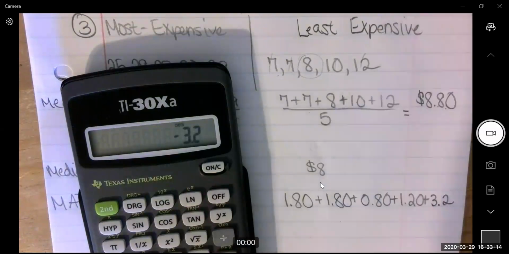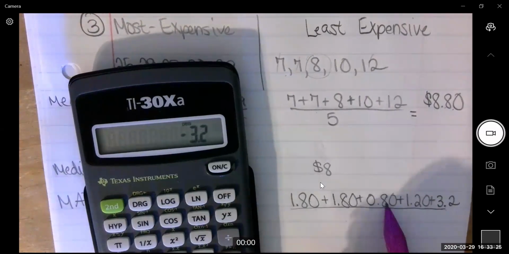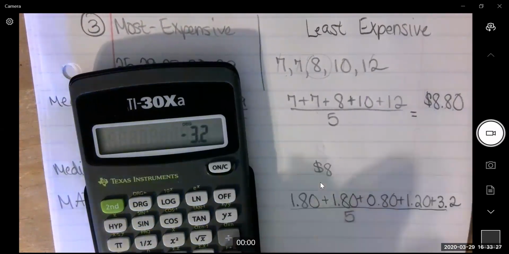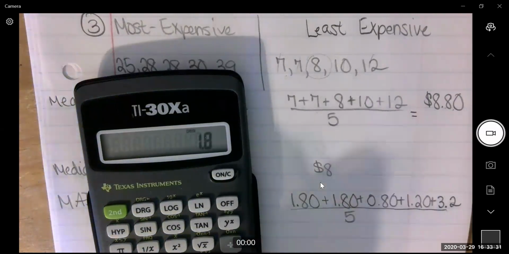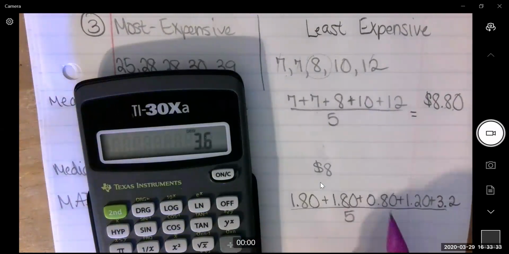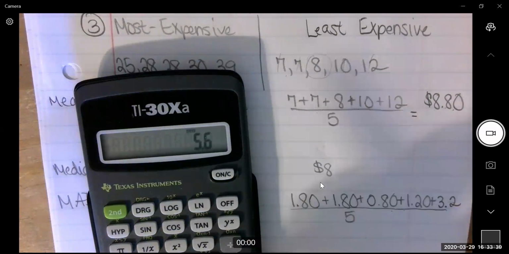So we want to use the absolute value. We want to see, if we're actually counting just how many spaces away these are from each other on the number line. All right, then we're going to add those up and divide by 5. So 1.8 plus 1.8 plus 0.8 plus 1.2 plus 3.2.